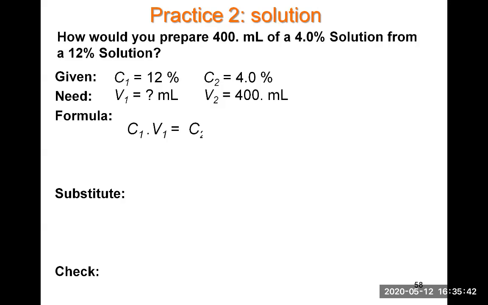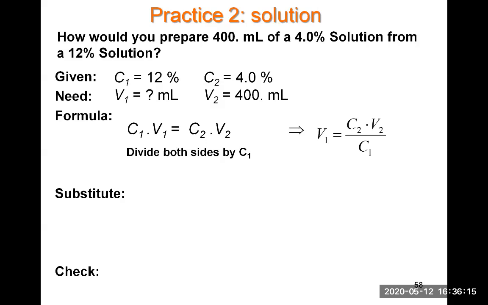So if we take out the dilution formula, C1V1 equals C2V2, we are looking for V1. To isolate V1 and have it by itself, you divide both sides of the equation by C1. Then V1 is by itself on the left, and it's equal to C2 times V2 divided by C1. So let's substitute the values.